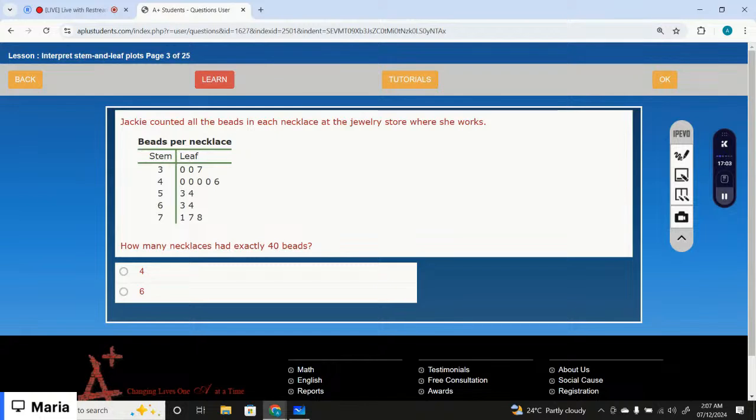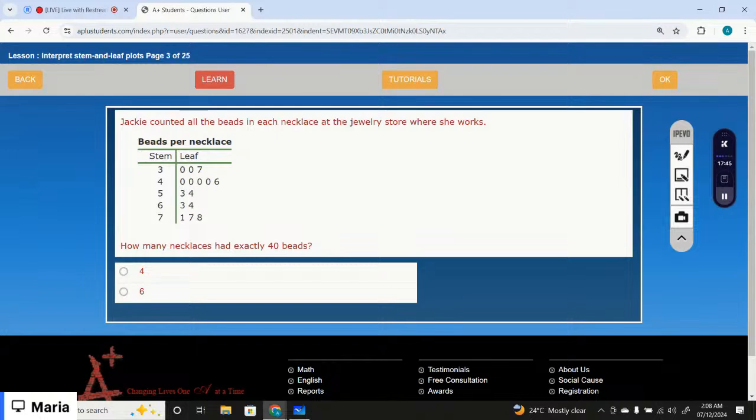Jackie counted all the beads in each necklace at the jewelry store where she works. How many necklaces had exactly 40 beads? Exactly 40.